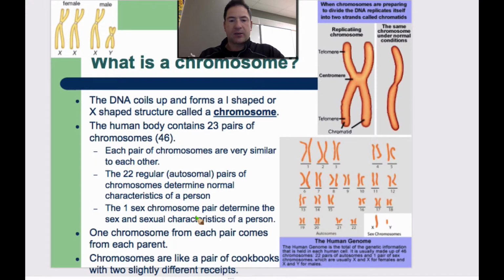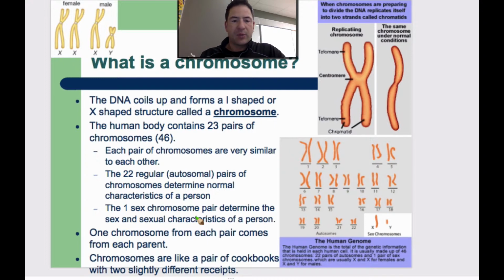So again, an X chromosome is a replicating chromosome in individual shape. There are going to be 23 chromosomes from the male and 23 from the female, and when you pair them up like that, in the human genome at the bottom, you're going to see the pairs in that individual.